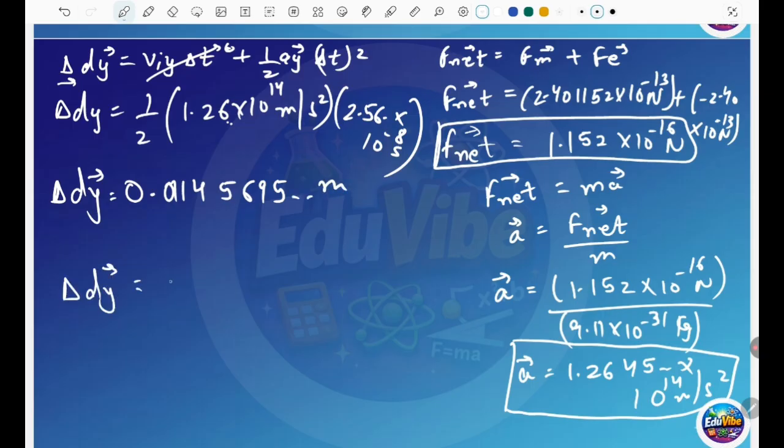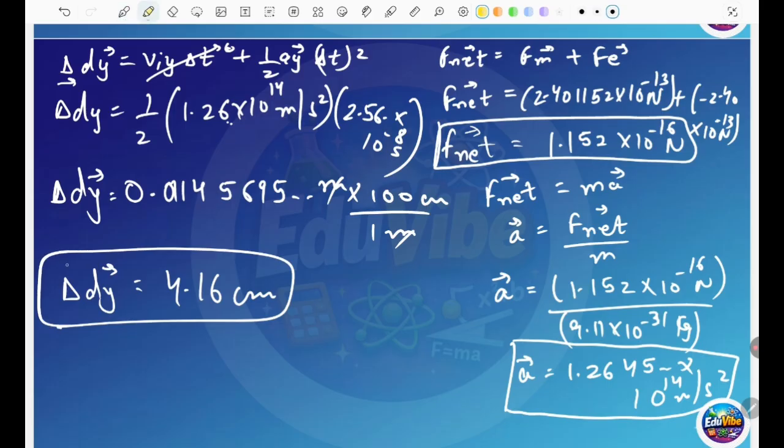Delta dy is equal to about 4.16 centimeters, because we want this in centimeters. So we multiply this by 100 to get it in centimeters. So this is your vertical displacement.